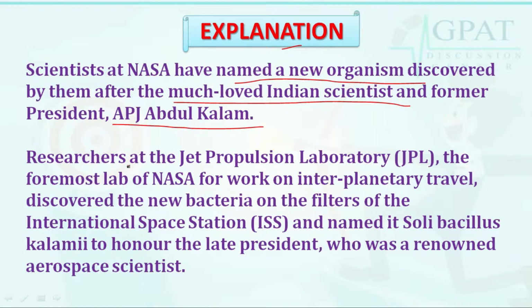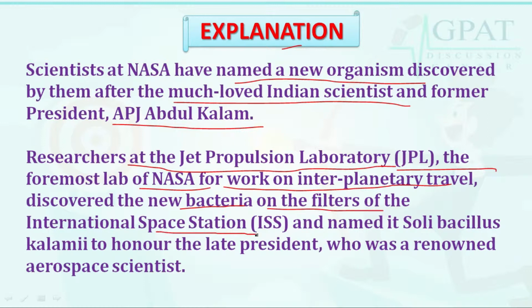Researchers at the Jet Propulsion Laboratory, JPL, the foremost lab of NASA for work on interplanetary travel, discovered the new bacteria on the filters of the International Space Station, ISS, and named the bacteria Solibacillus kalami to honor the late president APJ Abdul Kalam, who was a renowned aerospace scientist.